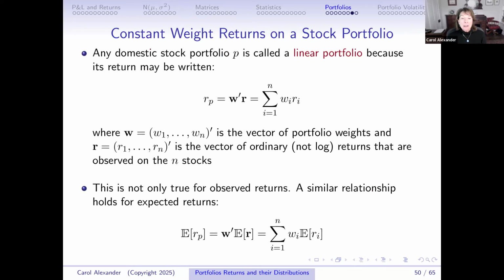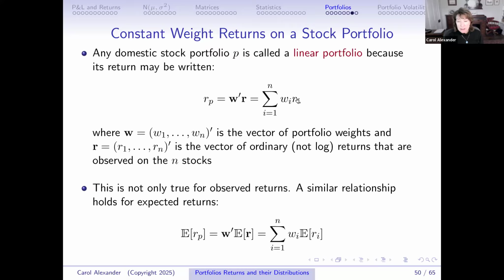Now, suppose you've got, let's forget foreign exchange, so it's just a domestic stock portfolio. The reason we call it a linear portfolio is that its return can be written as a linear function of the individual ordinary returns on each asset. In other words, we can write the return on the portfolio R_P as the sum of W_i times R_i. It's the weighted sum of the ordinary returns, not the log returns, but the realized returns.